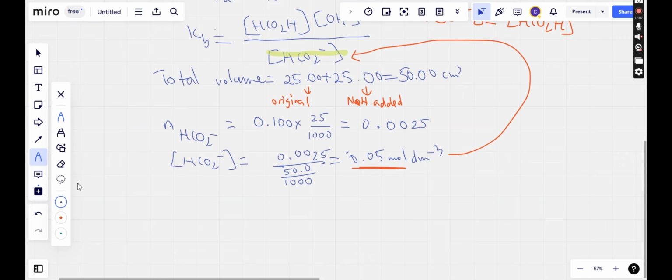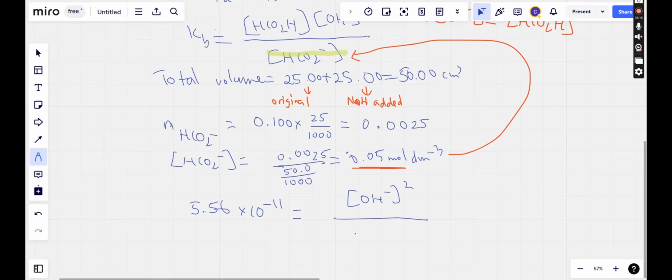So your Kb, 5.556 times 10 to the power negative 11, is equal to your OH minus squared, because the HCO2H and OH minus are equal to each other, over 0.05.